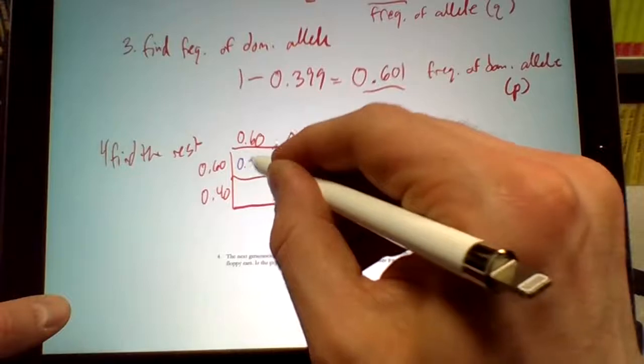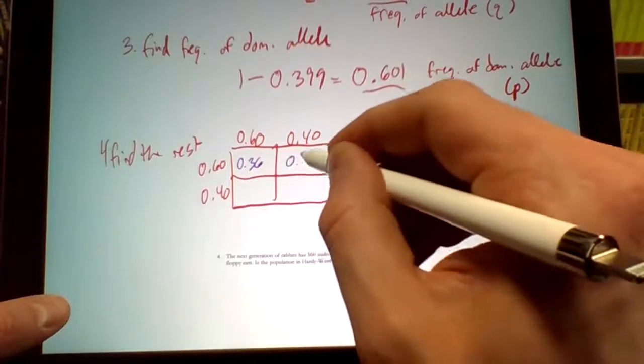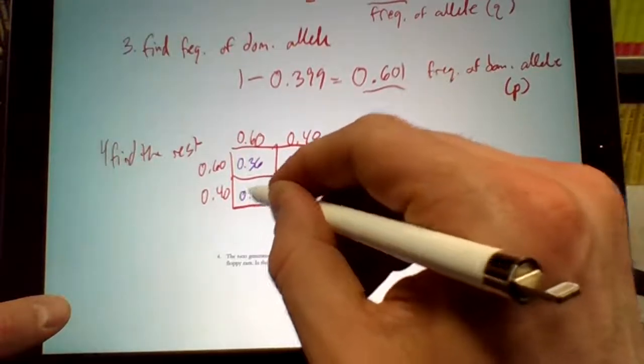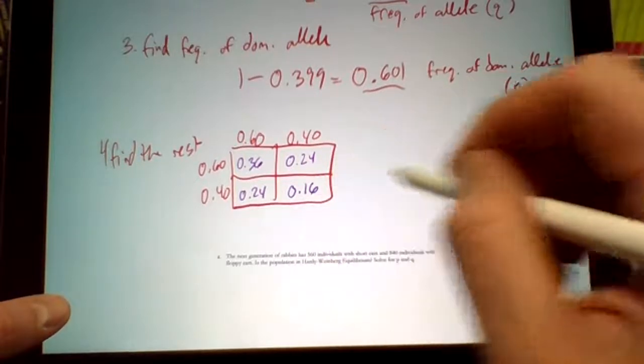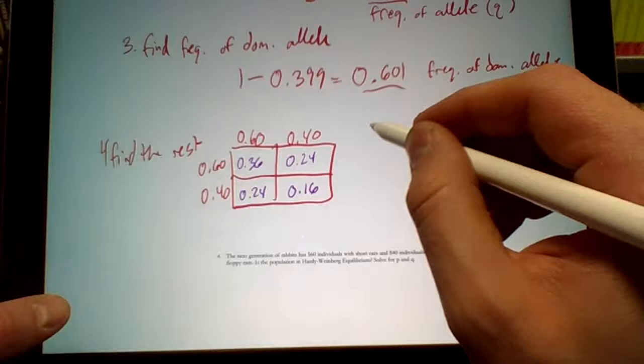So this is 0.36, 0.24, 0.24, 0.16. So we have our values.